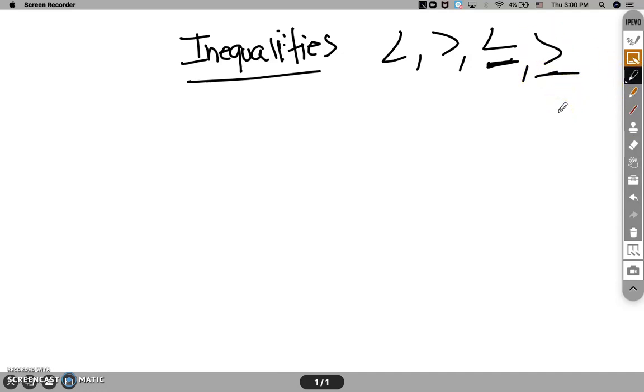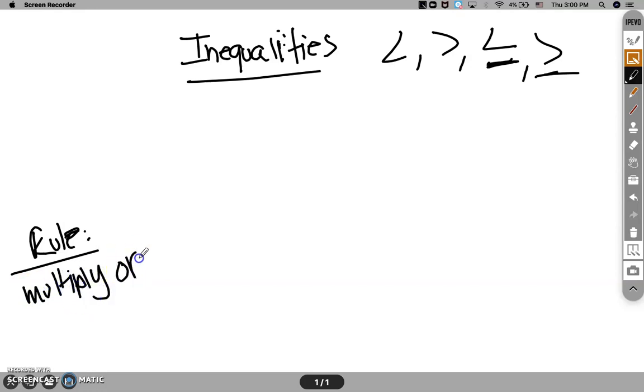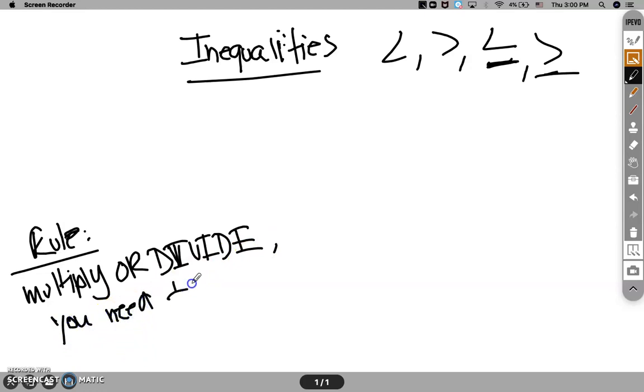But solving them is the exact same way as equations. The only rule you need to remember, and this is very important: when you multiply or divide, you're going to need to flip the sign. Right?